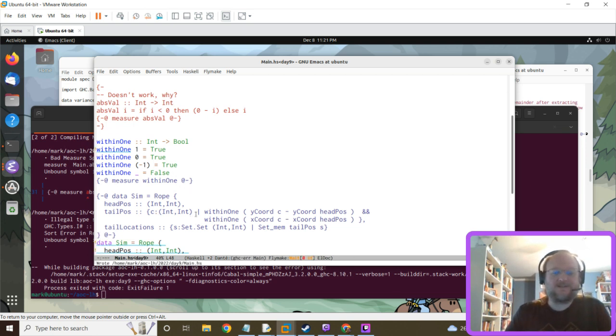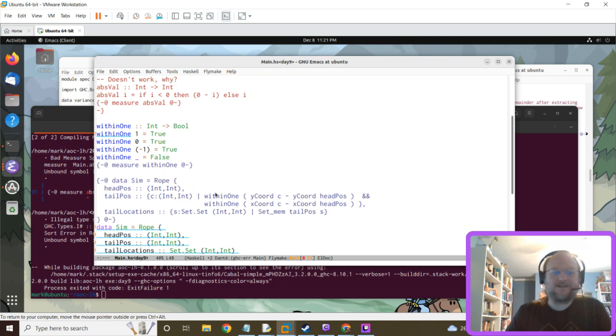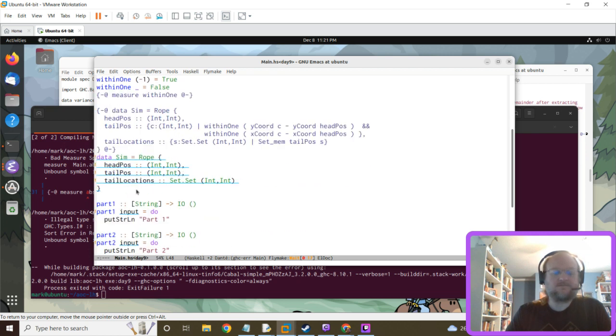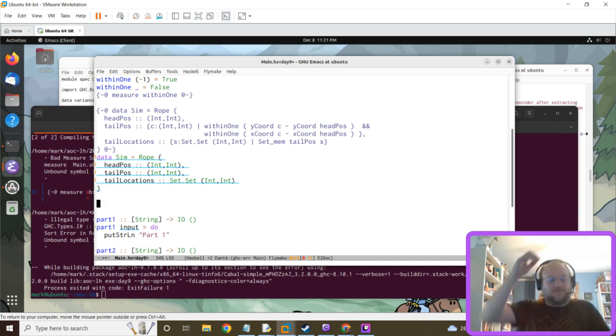All right, how about that? Okay, looks good. So now we need to simulate movement.